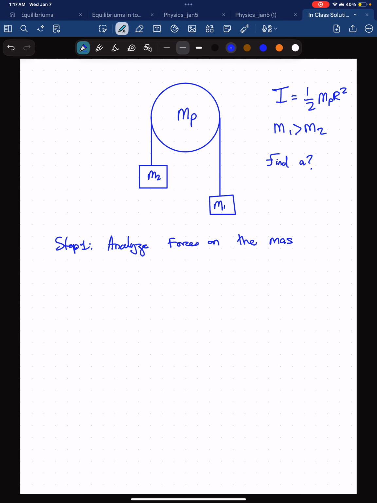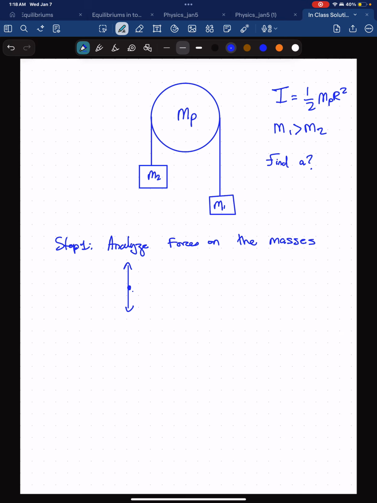We're going to do this first to see what forces are acting on the masses and what the magnitude of those forces are. So the first step is to draw a free body diagram. Right, that's the first step.